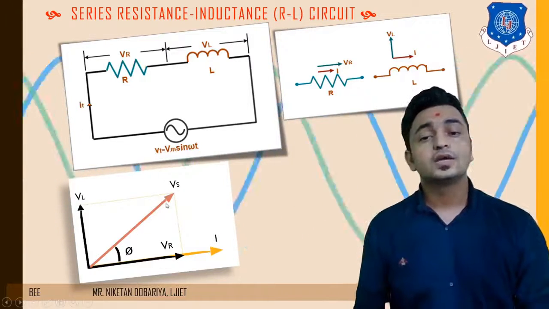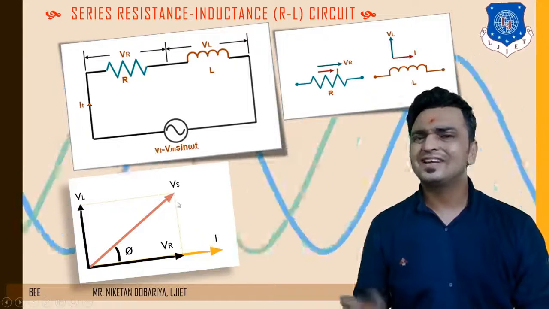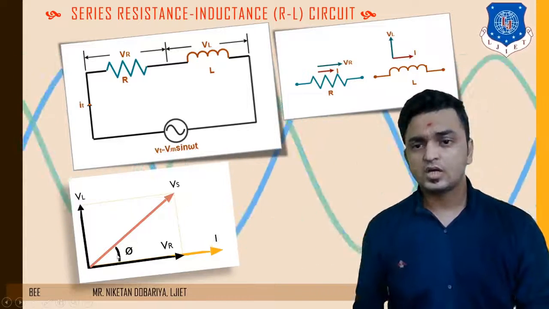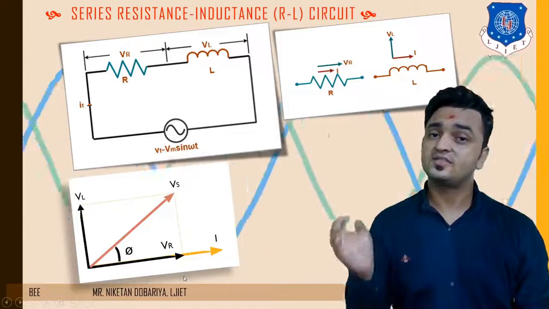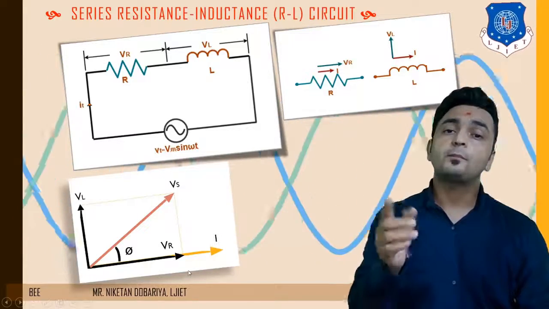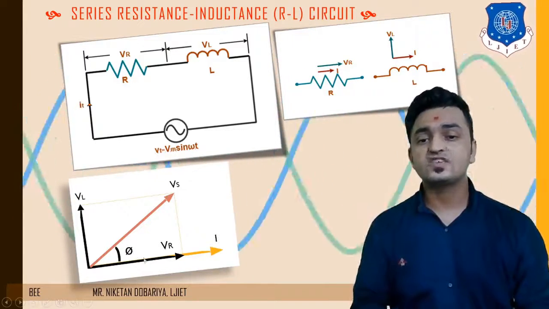So here, with respect to the supply voltage Vs, that is nothing but Vt, the current is in the clockwise direction, and clockwise is the lagging direction, which shows a minus angle, mentioned by this phi angle.